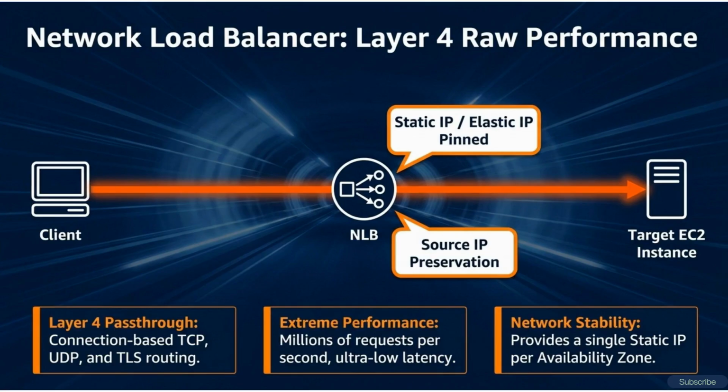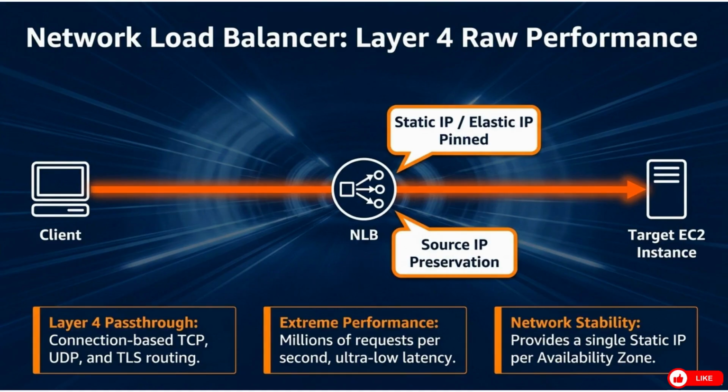Now let's discuss Network Load Balancer. NLB operates at layer 4. Unlike ALB, it doesn't inspect HTTP requests. Instead, it forwards packets based on IP addresses and ports. Why is this useful? Because performance becomes extremely fast. NLB is capable of handling millions of requests per second with very low latency.